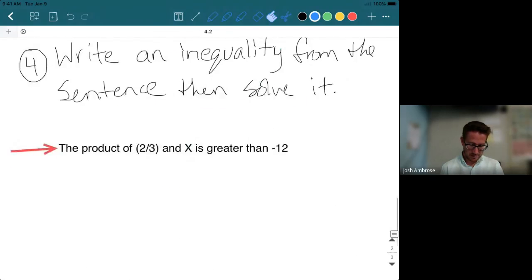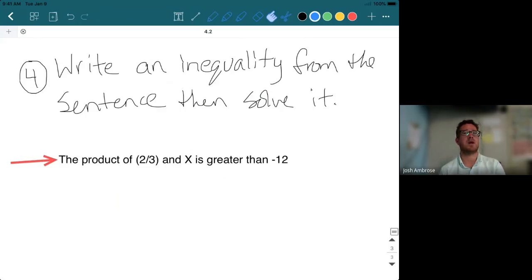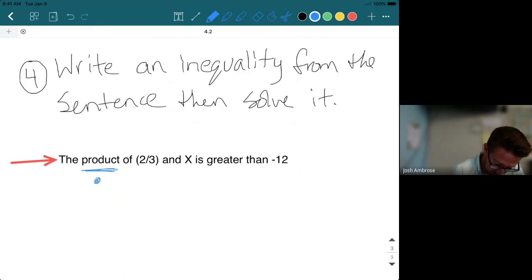Final example problem here. You have to write an inequality from the sentence and then solve the inequality. So the product, what does the word product mean? It means to multiply. So we're going to multiply 2/3 and x.